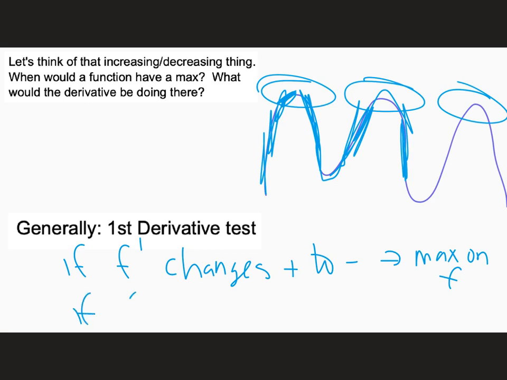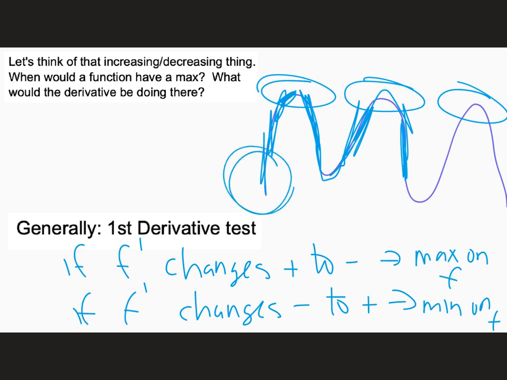And if f prime changes negative to positive, there's a min on, not of, on f. There's also discussions of endpoints and things like that, so you should think about what is going on at, say, a left-hand endpoint in order for us to have a min or a max, or a right-hand endpoint in order for us to have a min or max, because those are important things to consider.